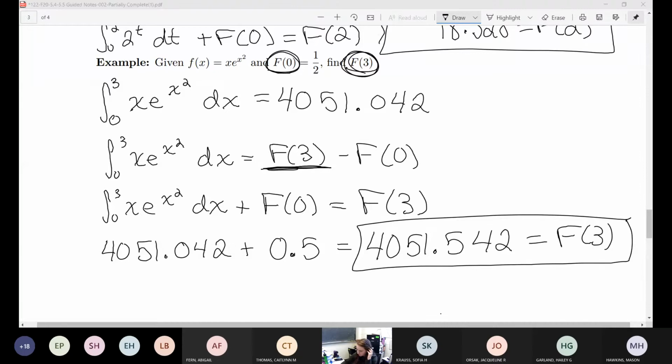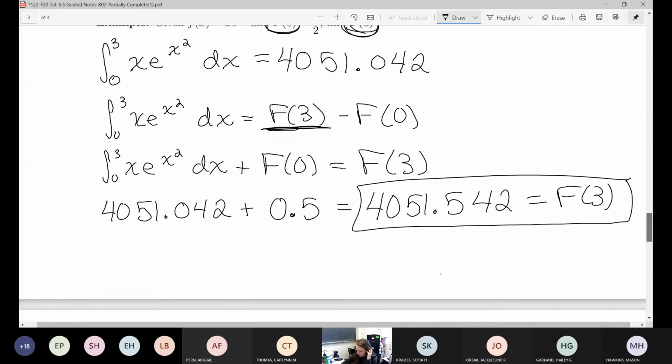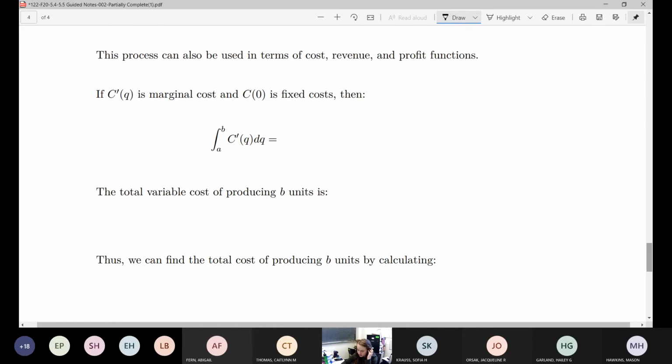So one of the contexts that this is going to be used for our purposes is in terms of cost, revenue, and profit. So remember that the derivative of cost is called the marginal cost. So if we have the marginal cost and C of 0, regular old C of 0 is the fixed costs, then the integral from A to B of the marginal cost is going to be essentially C of B minus C of A using the fundamental theorem of calculus.